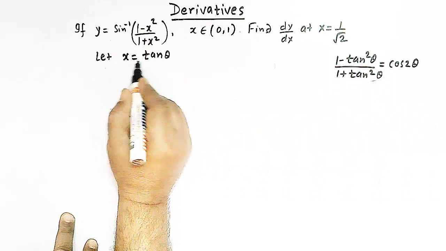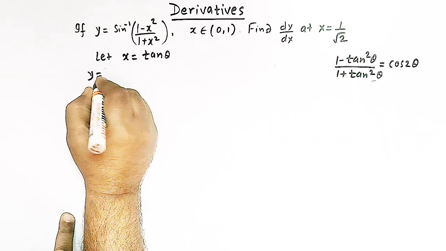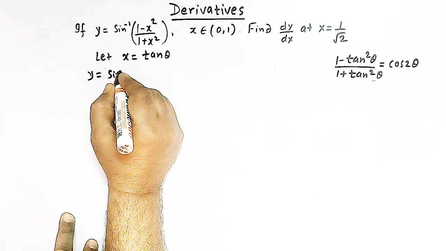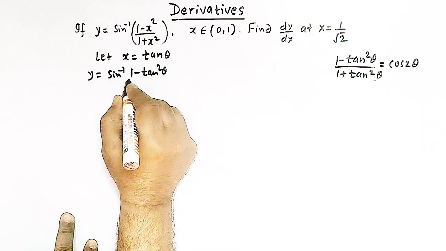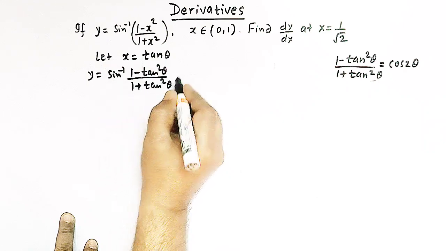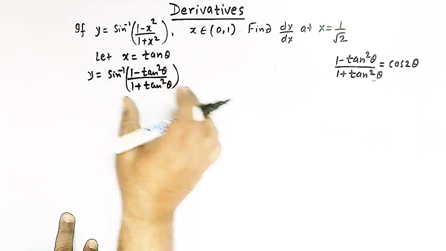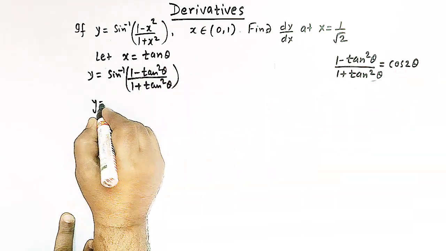So when we take x equal to tan theta, the function y takes the form y equal to sine inverse of (1 minus tan square theta) divided by (1 plus tan square theta), and this expression can be replaced by cosine 2 theta.